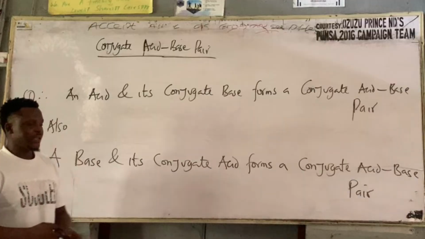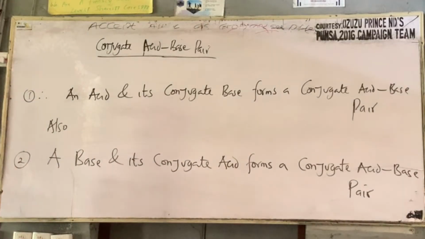So conjugate pairs, in exams, they might ask you to indicate the conjugate pairs. Conjugate pairs are always two: the one that comprises the acid and its conjugate base, and the one that comprises the base and its conjugate acid. Most of the time this is done in terms of an acid-base reaction.